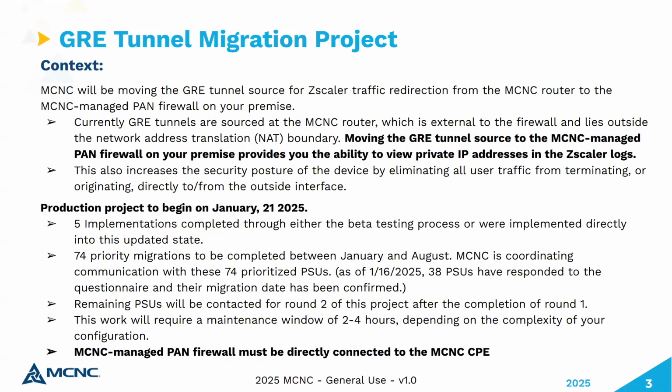The other additional capability the PSUs will get will be the ability to do more granular policies based on private IPs. That's going to still be based on having to set up supplications, but again, having the ability to view and set policies on private IP addresses is a big win.